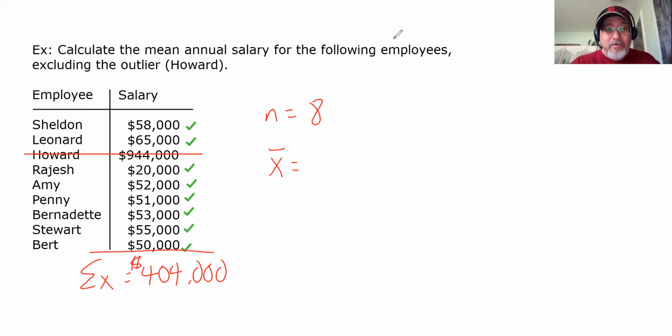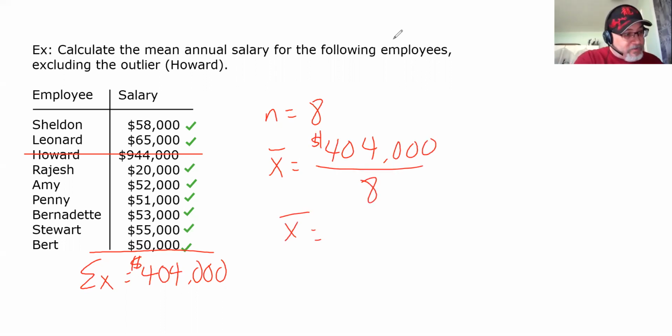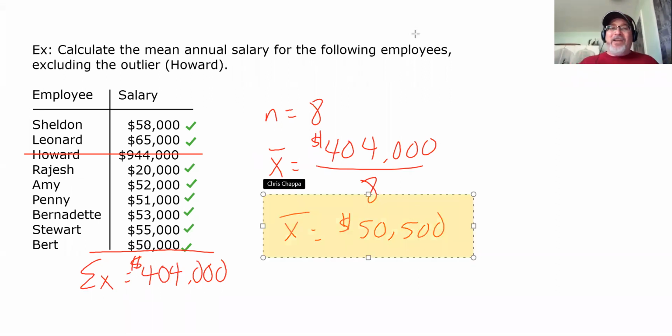Without the outlier, the mean salary would be 404,000 divided by 8, which is exactly 50,500. Does that seem like a more reasonable mean salary for the employees at this company? Well, with the exception of Howard, yes.